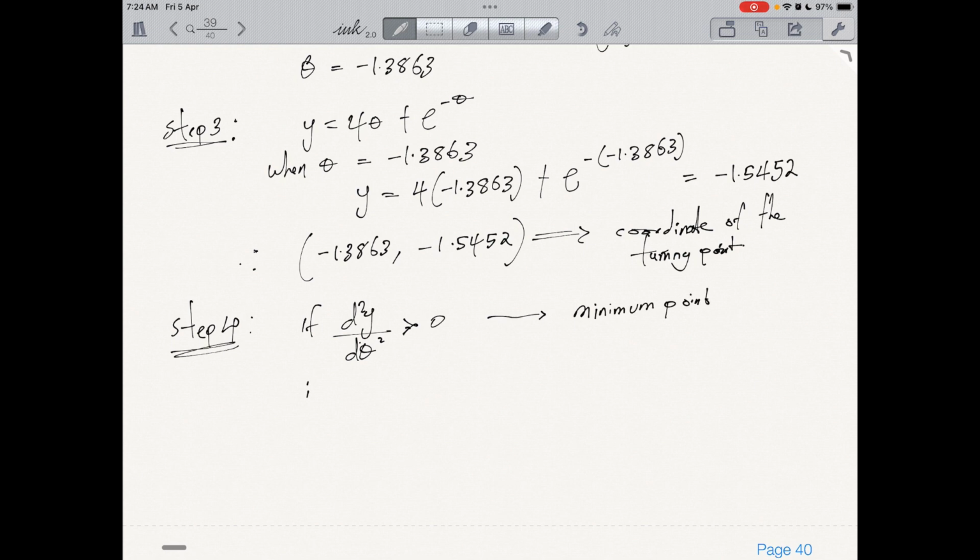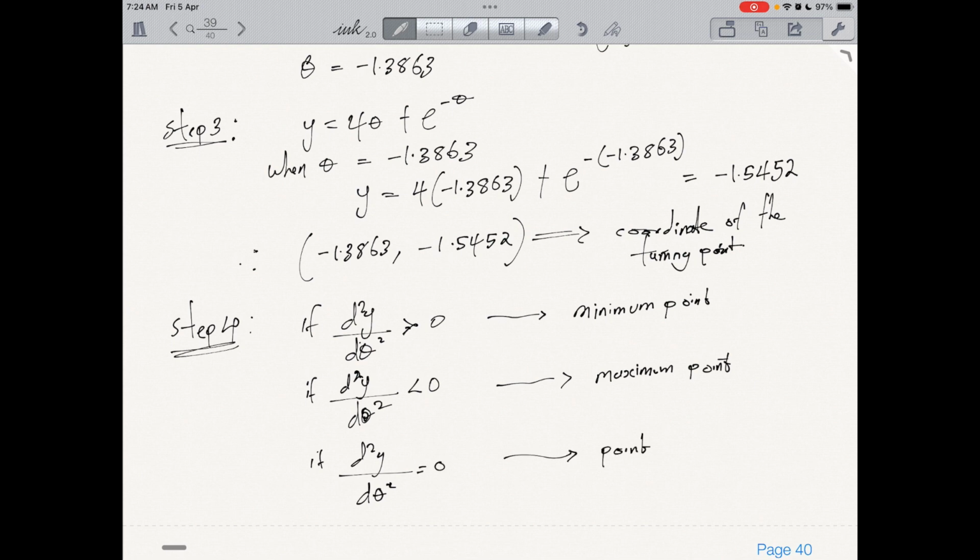And if d squared y/d theta squared is less than 0, the point signifies a maximum point. And if it is equal to 0, the point signifies that of inflection.